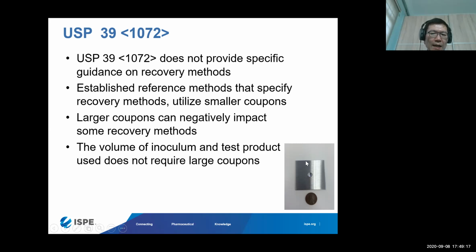When you have a large coupon, you may have some issues in the recovery of the microorganisms. So typically, there's no need to use such a big coupon. You can just use the size specified in the ASTM or EN methods, which is a 1 cm or 2 cm disc. That's good enough.